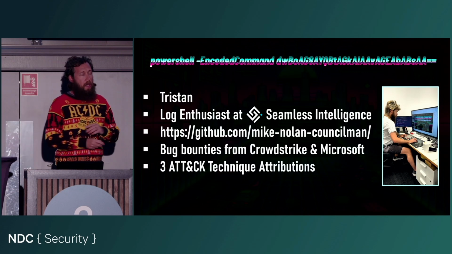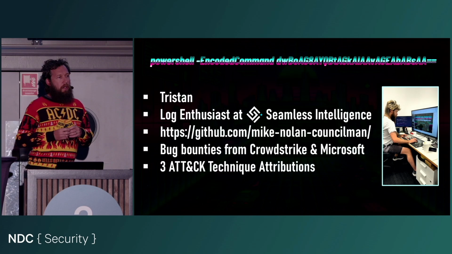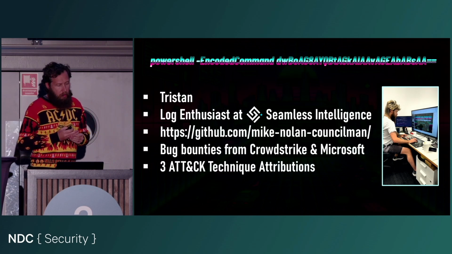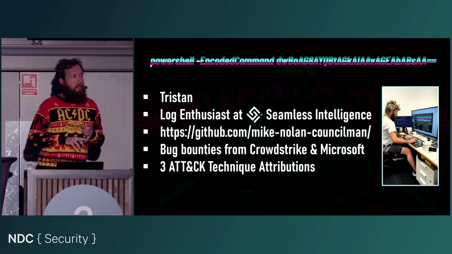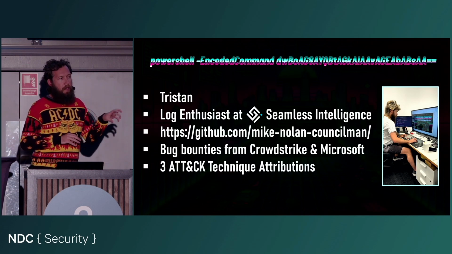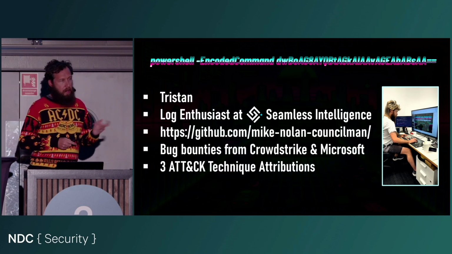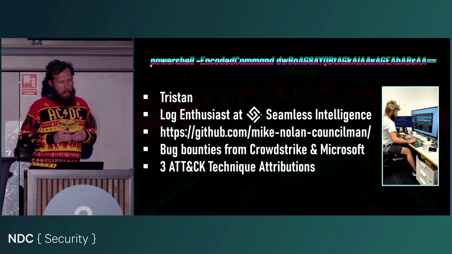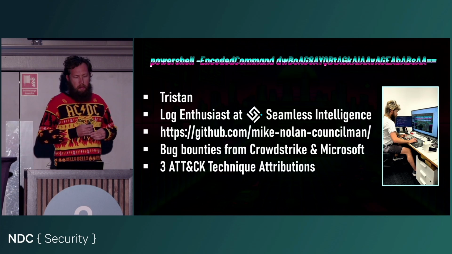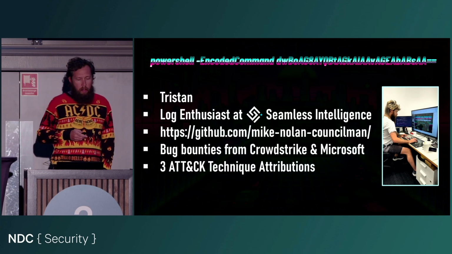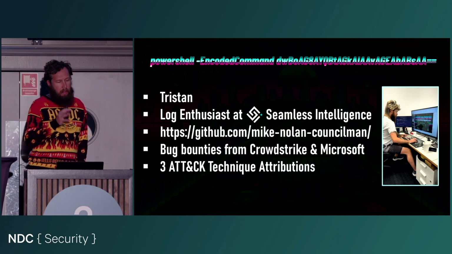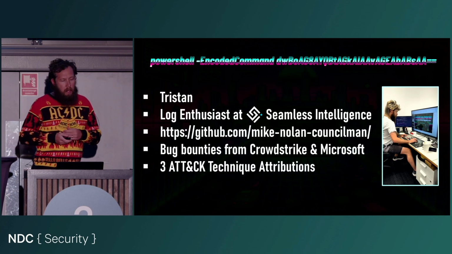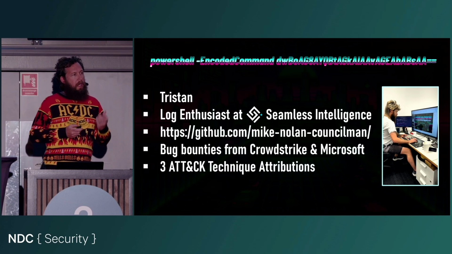Throughout all of this testing, our main goal is to understand and then detect whatever we have looked at, new techniques, and we've actually had bug bounties from CrowdStrike and from Microsoft for finding various things that get around their tools or break stuff in Windows. And we've got 3 attributions into the MITRE ATT&CK framework, which is pretty cool, and it's a really good framework to assign the techniques that attackers use.